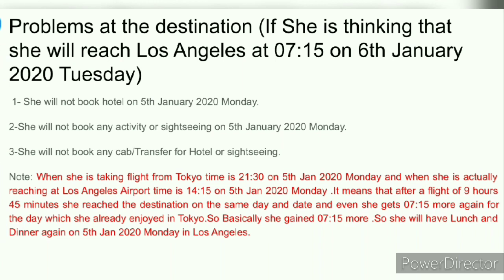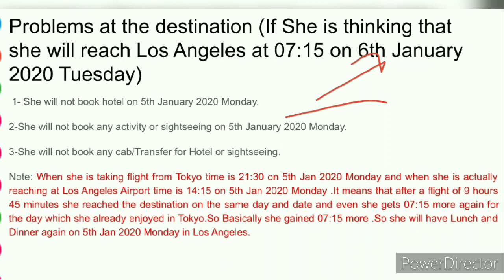So, problem at the destination, here you can see. If she is thinking that she will reach Los Angeles at 7 hours 15 minutes on 6 January 2020, then problem number 1 is that she will not book any hotel on 5th January 2020, Monday, because she is thinking that she will reach on 6th January. So she will definitely book for 6th January, but she will not book for 5th January.